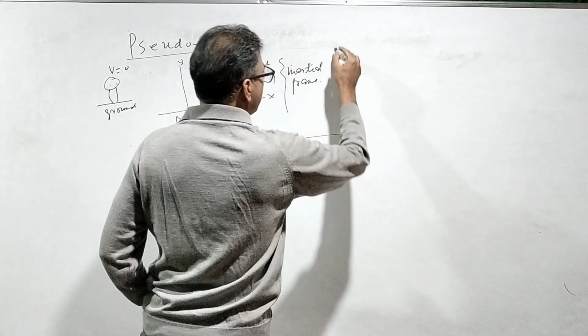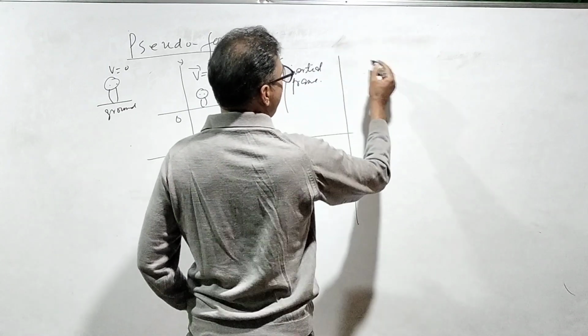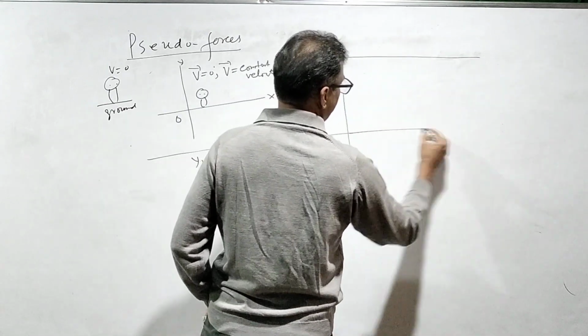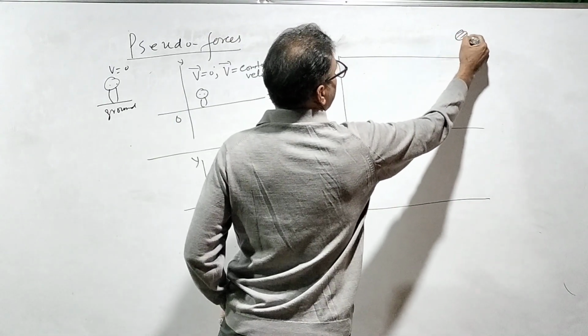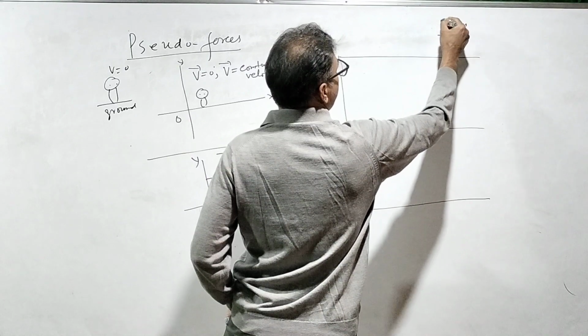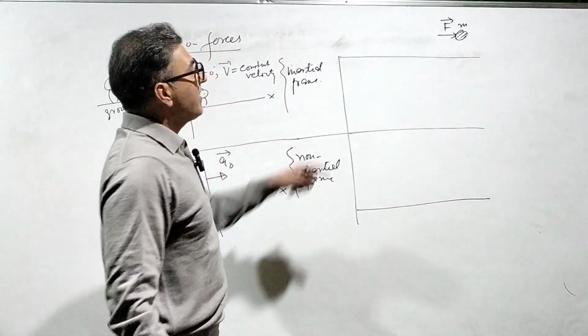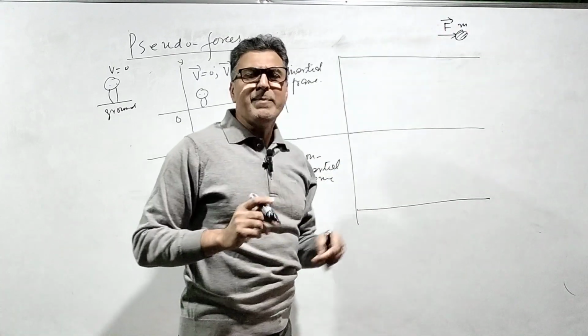Now both of them are observing this object. On this object there is a force F and mass is M. This is a real force. What do we mean by real force?